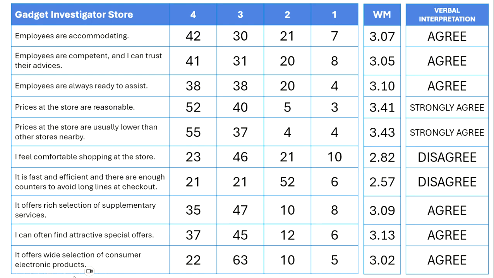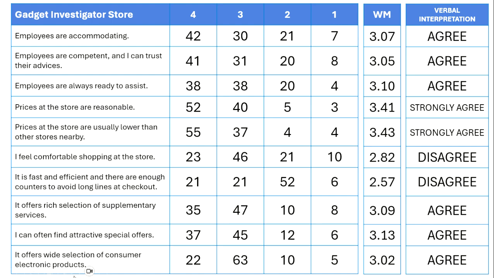Then for the statements on comfortability, shopping at the store is fast and efficient, and there are enough counters to avoid long lines at checkout, most of the customers disagreed, with weighted means of 2.82 and 2.57.